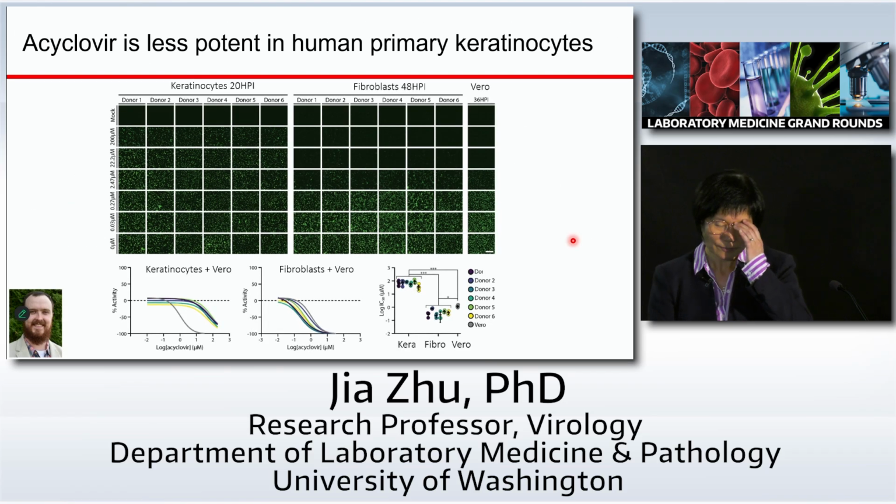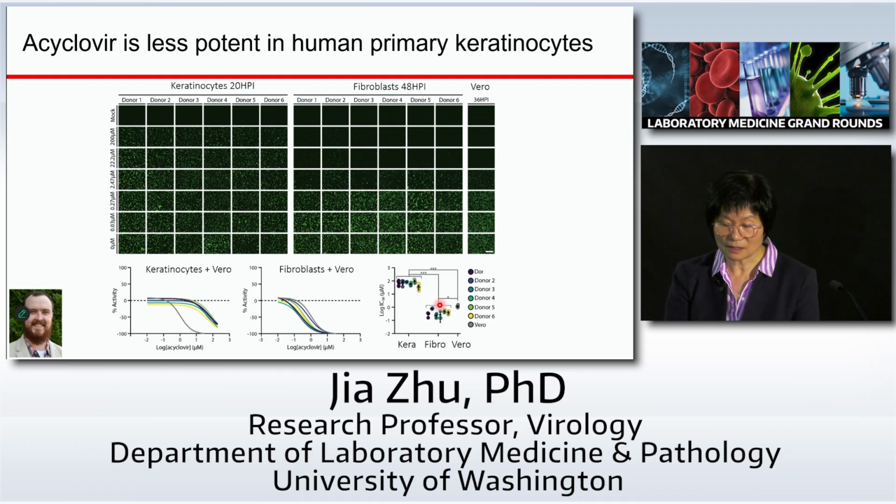He then evaluated acyclovir antiviral potency and efficacy using donor-derived keratinocytes and fibroblast cells, compared to Vero cells. The dose response curve indicates that acyclovir is significantly less potent in keratinocytes than in fibroblast cells and Vero cells.